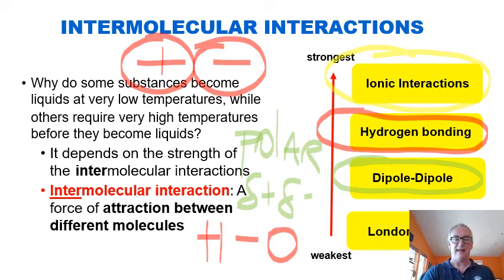And last, down here at the bottom, which you can't really see, it's called London dispersion forces. And basically that's the last resort of molecular interactions. That is the molecular interaction, or intermolecular interaction, that every molecule can do. And I'll talk a little bit more about that later.